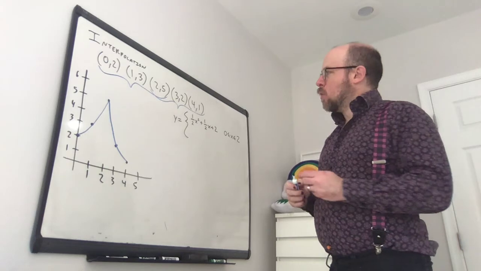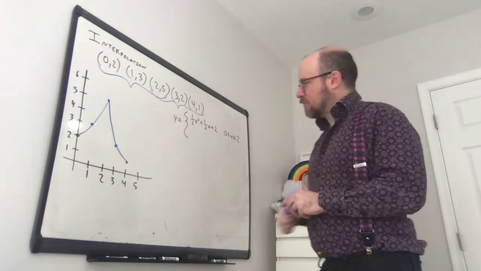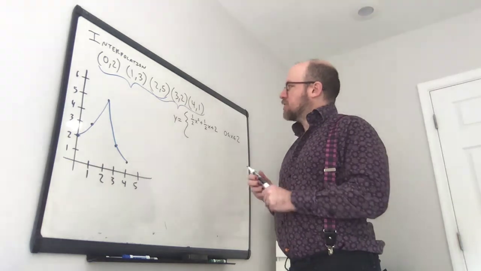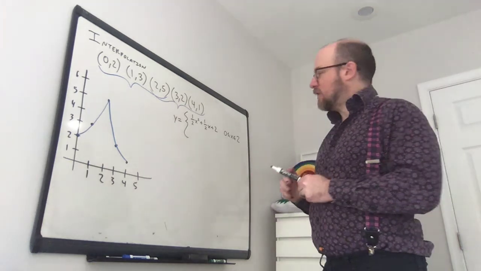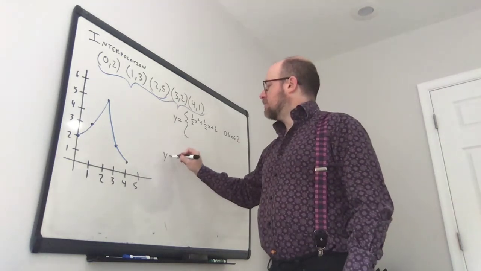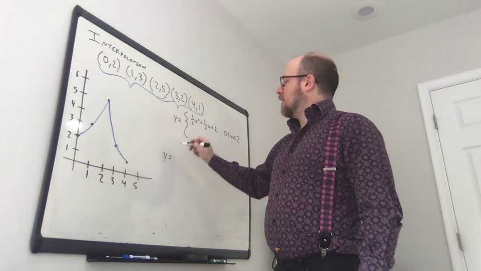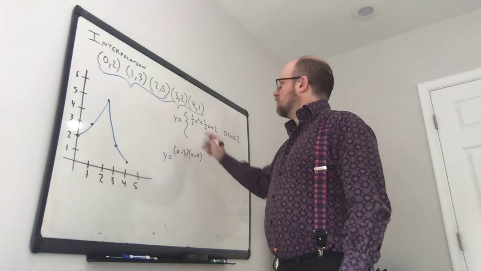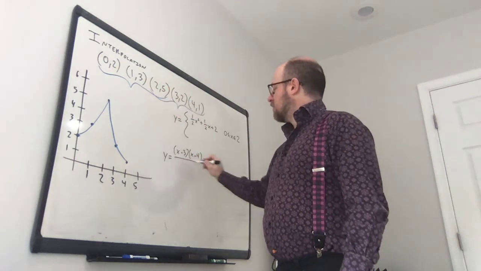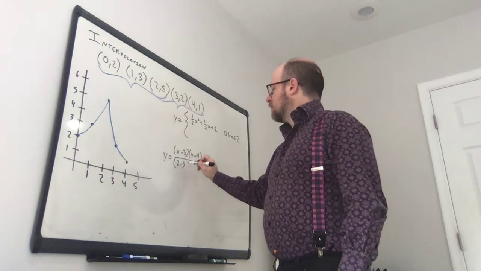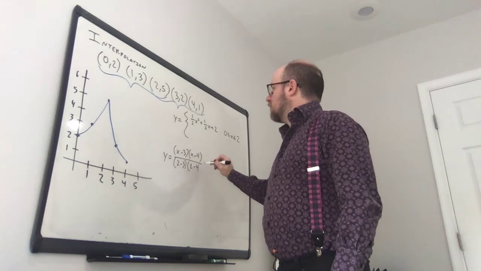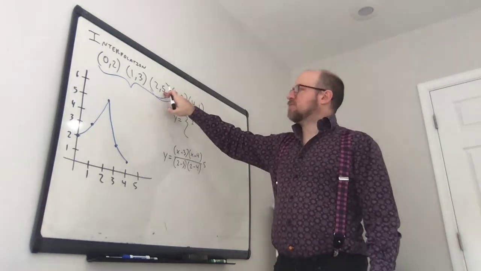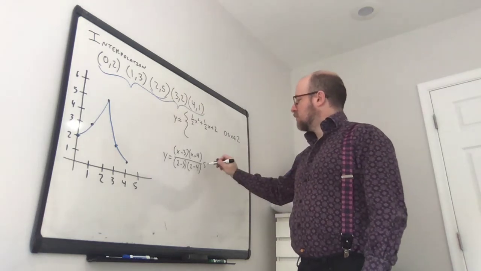And so what you do is you go through and you can construct that polynomial the same way that we did the Lagrange polynomial for the other one. So you can go through and say y equals (x minus 3)(x minus 4), skipping this point (2, 5), over (2 minus 3)(2 minus 4), and multiply that times y equals 5, since we're skipping that point, we use that y value.